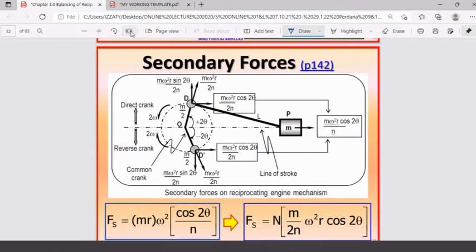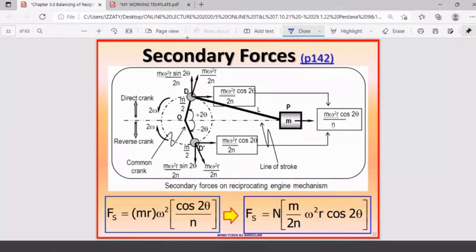Same thing for the secondary. Look at the secondary. This is what you have. This is the mass for the direct crank, same thing. But now you have another one, so you divide it by 2 and add up together. That will give you the equation: F secondary is equal to F secondary for the direct crank plus also secondary, but not for the reverse crank.